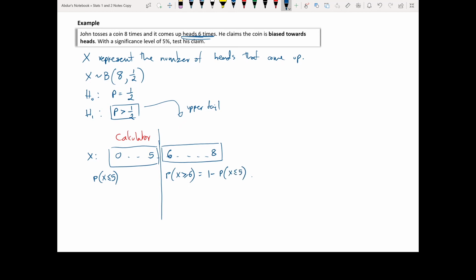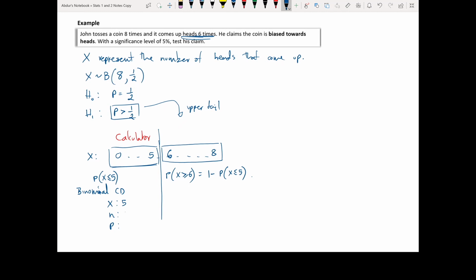So let's work out what the probability of X less than or equal to 5 is. We go to our binomial CD function on our calculator, and we have the option to put in x, n, the number of trials, and p, the probability of success. So x, the number of times head comes up that we're using here, is 5, because we're working out X less than or equal to 5.